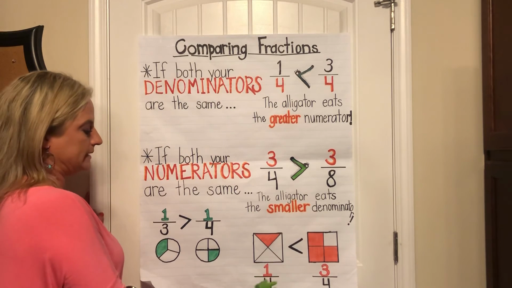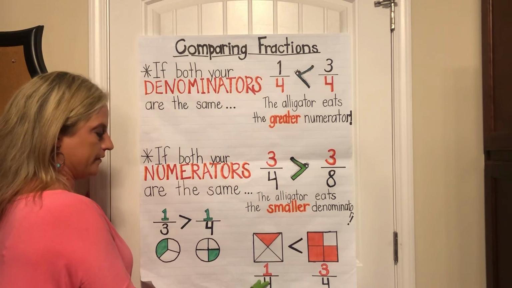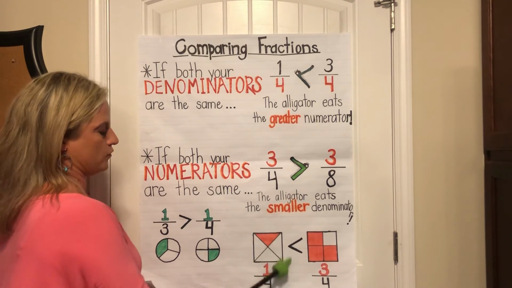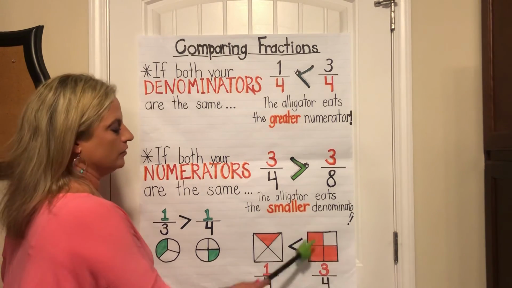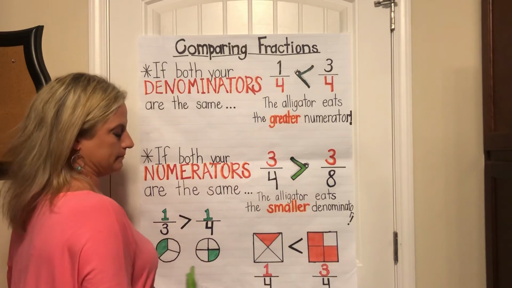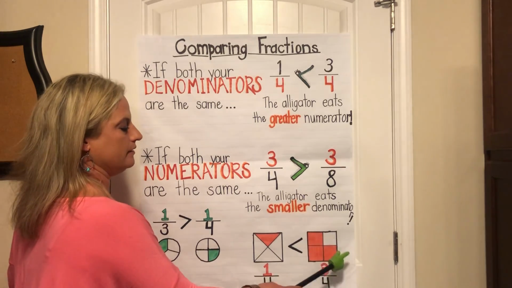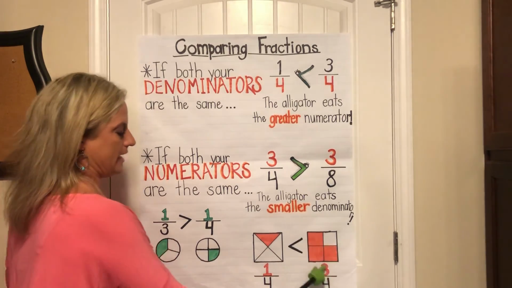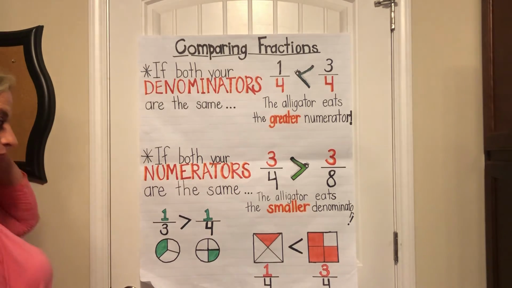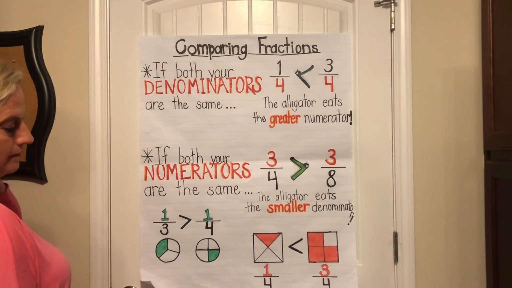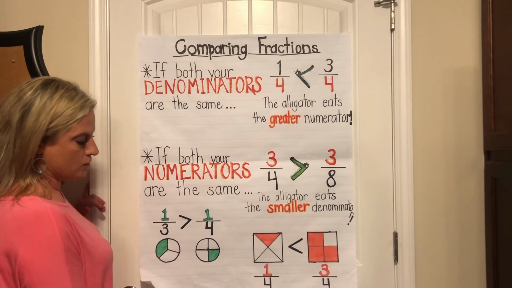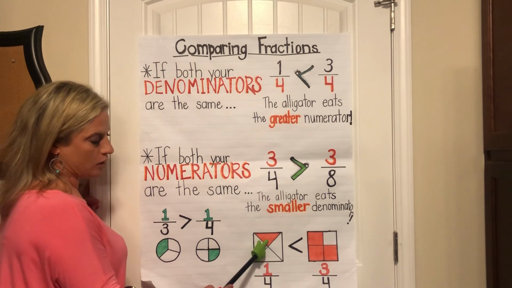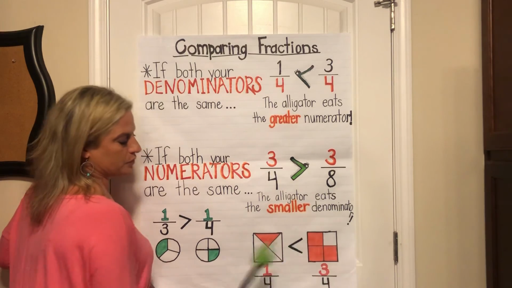So we're gonna say that 1/4, this is 1 part shaded out of 4 equal pieces, 1/4 is less than 3/4 because there's 1, 2, 3 pieces shaded out of 4, okay? And again, if you look at it, here we have 1 part shaded. So that is definitely going to be smaller than three parts or 3 pieces, okay?